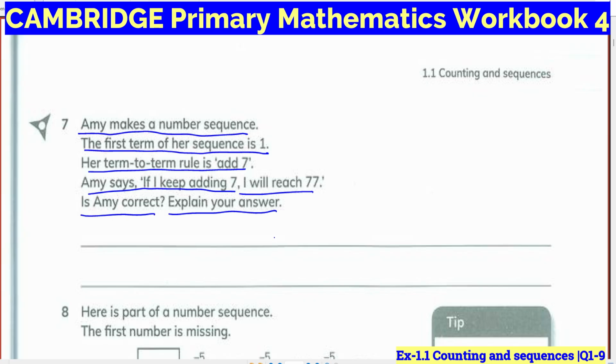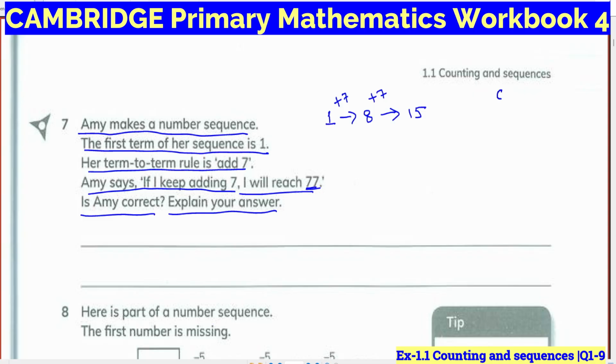So this is a very interesting question, and we have to carefully handle these kinds of math. First of all, the starting number is 1. That means the next number, once we add 7, will be 8. The next number, once we add 7, will be 7 plus 8, it's 15. That means the problem is 77.